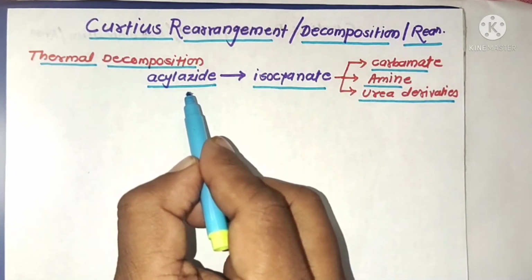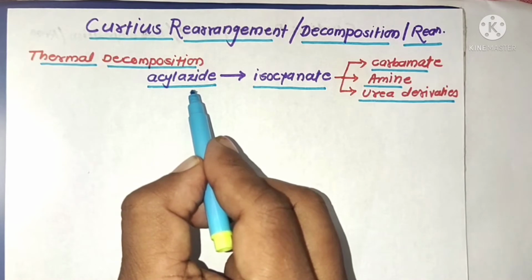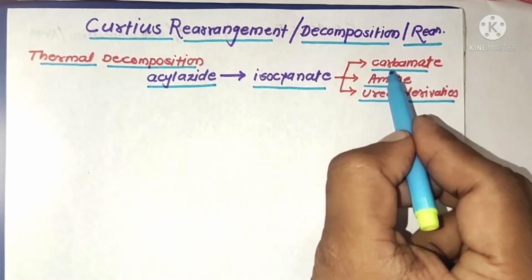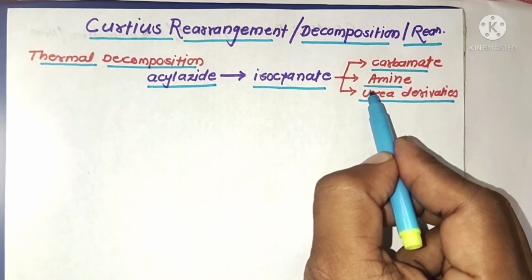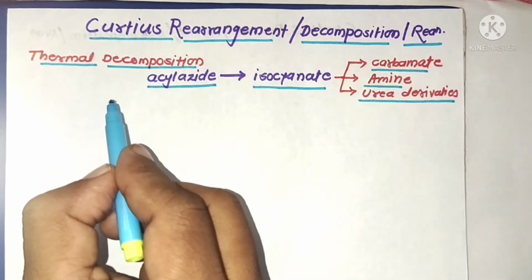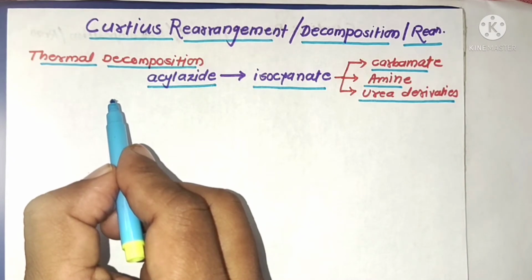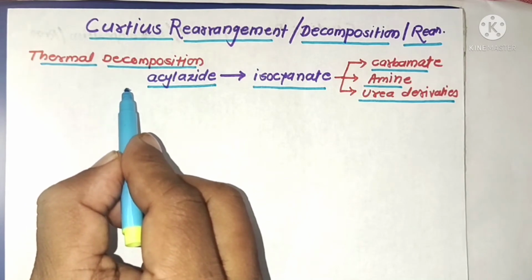In this lecture we will understand how to get carbamates, amines and urea derivatives from these reactions. Therefore, we need to learn the detailed mechanism of this reaction.